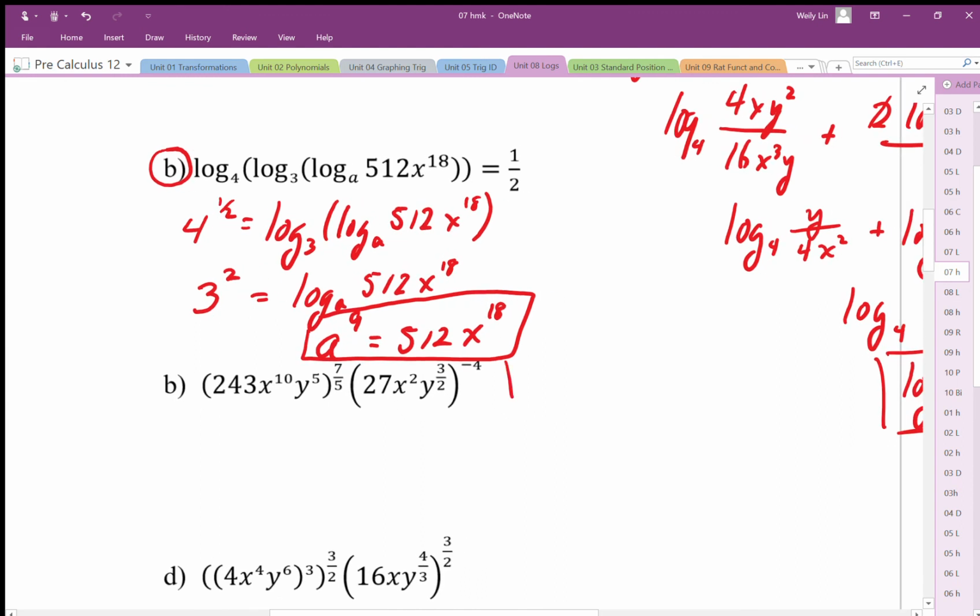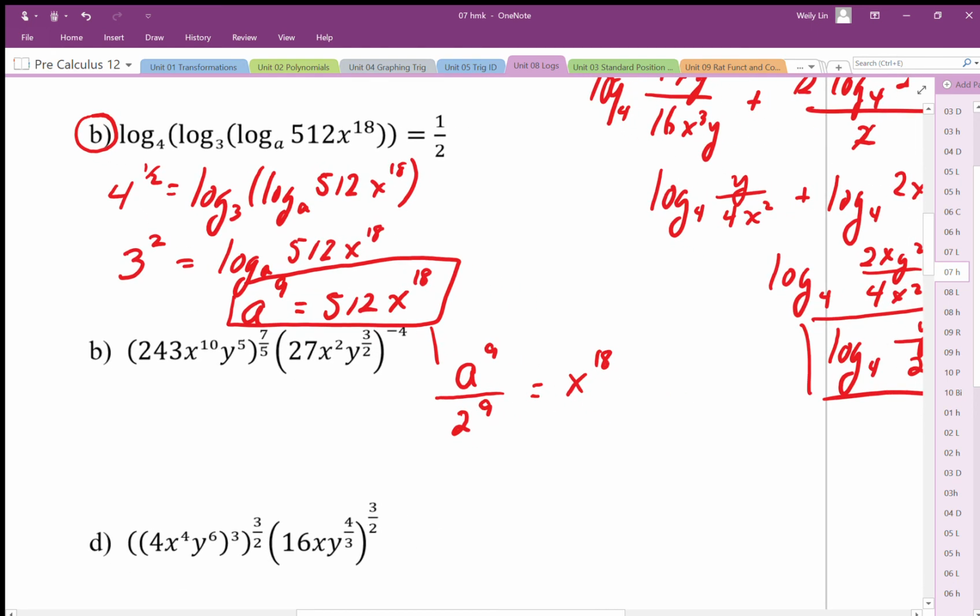If I wanted to solve this for a or x, let's solve for x. So I'm going to divide, I'm going to have a to the power 9 divided by 512, and 512 actually happens to be 2 to the power 9. And this equals x to the power 18.